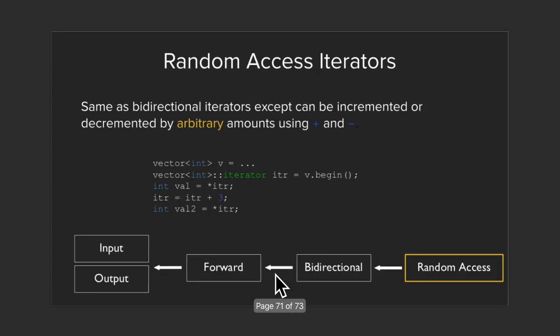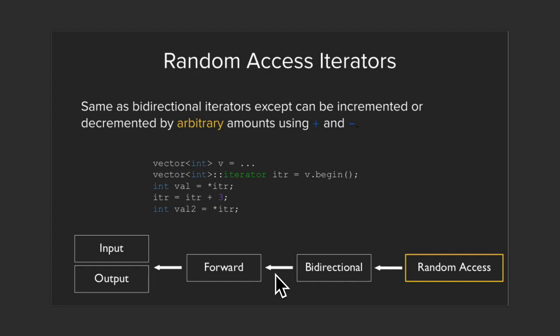which is our very last type of iterators. Random access iterators are the most powerful type of iterators. And this is where I finally answer your question. When people think about pointers, they are thinking about a type of random access iterator. So you can think about it as random access iterators are the interface for what a pointer is.